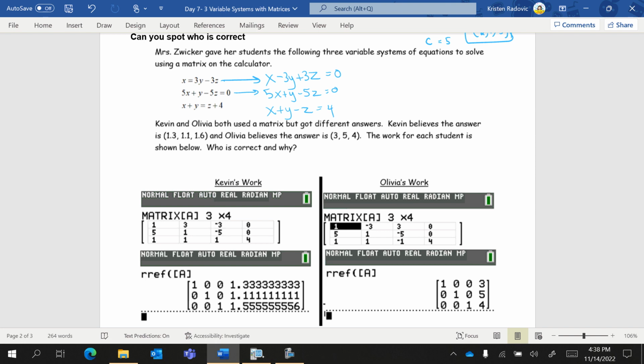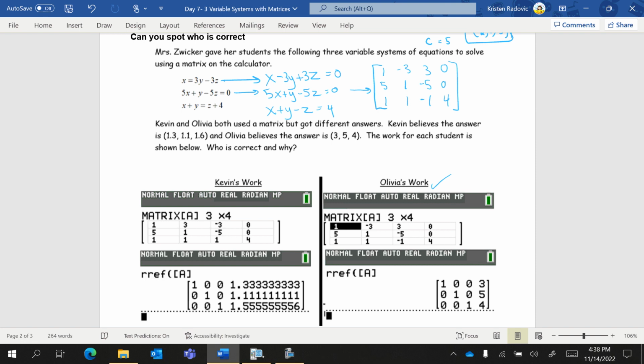If you were to write a matrix out of this, and you take the coefficients, my coefficients are 1, -3, 3, 0. 5, 1, -5, 0. 1, 1, -1, 4. That's the matrix that we should be putting in the calculator. And if you notice, Olivia's work is correct. It has all the right values in it.